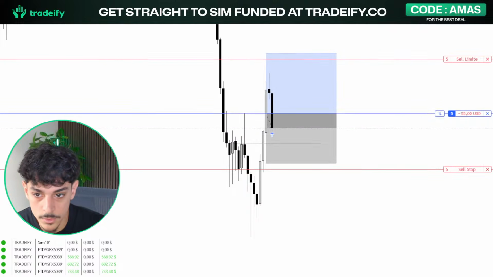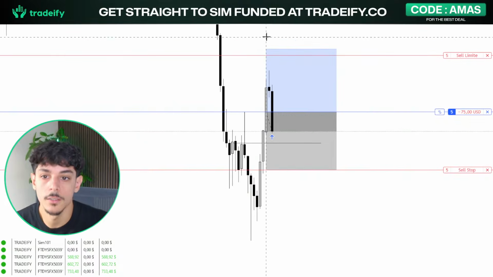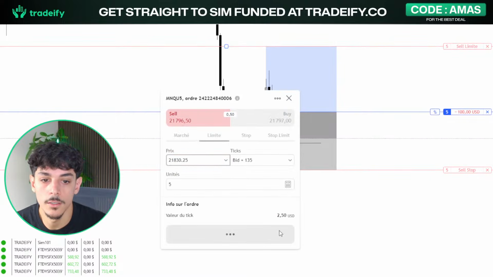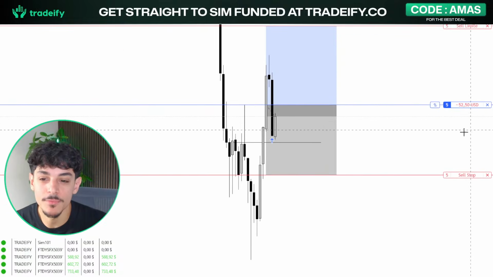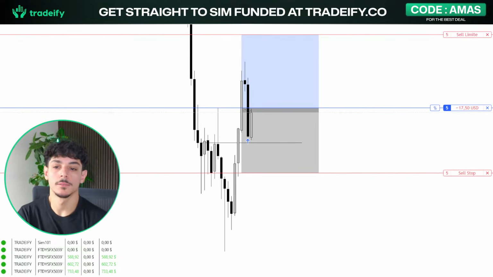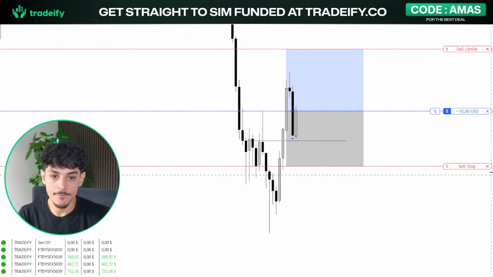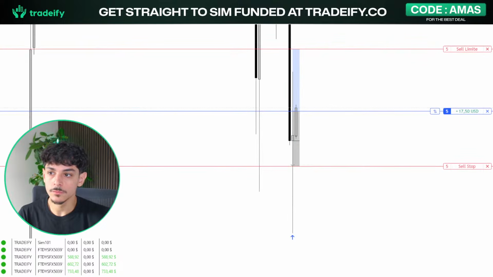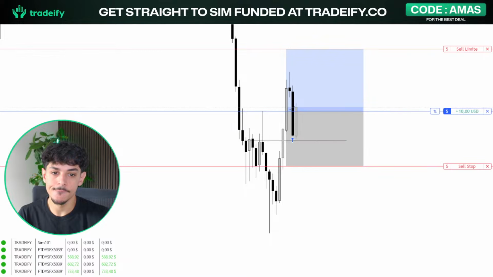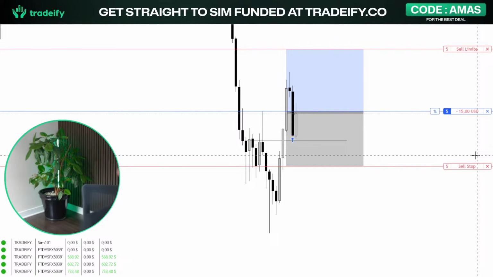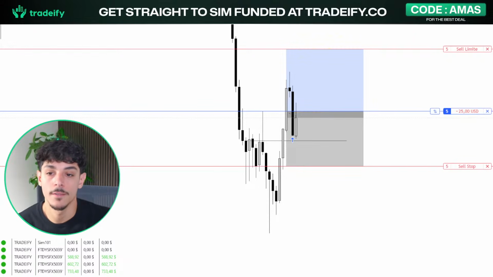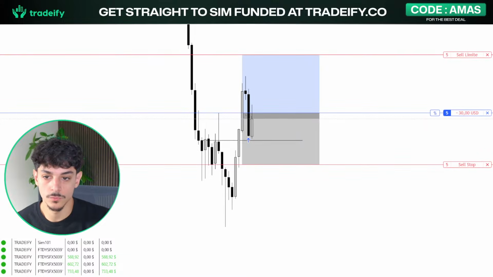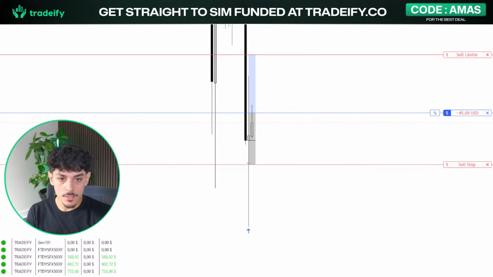Oof. That's aggressive. That's not what I wanted to see here. Let's see what it does still. Quick scalp to the upside, tight risk. Could find sellers here inside that wick, to be honest.